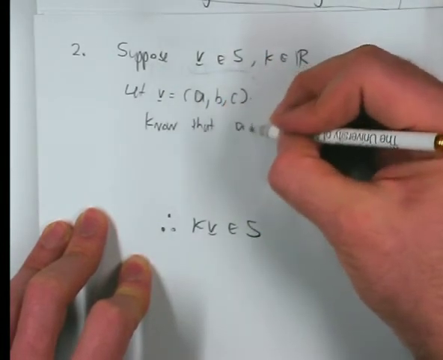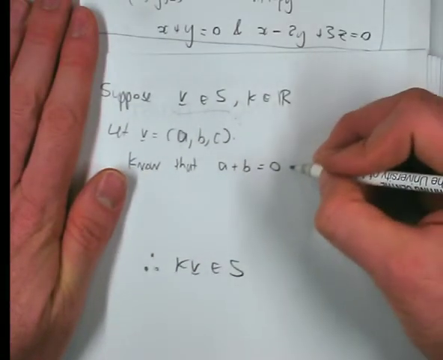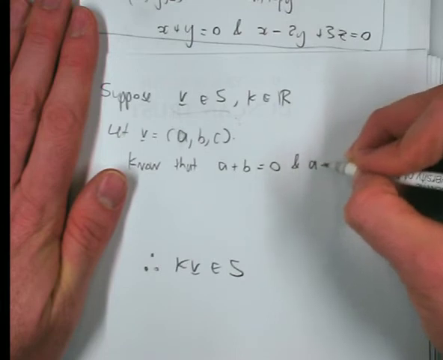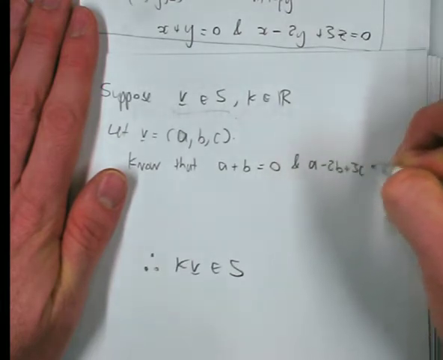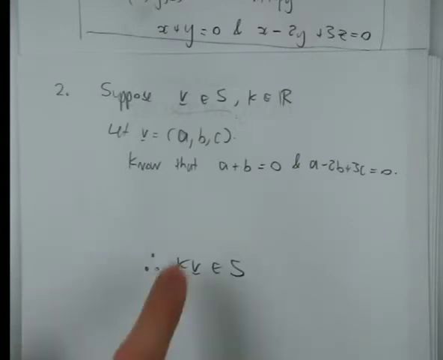So A plus B equals 0, because we sub that into X plus Y, and A minus 2B plus 3C equals 0. So we have used the rule for being in S another time. So that's 2 so far. KV is in S. Well, the way of telling whether KV is in S is if we sub that into the formulas, it should both come out to 0, right?